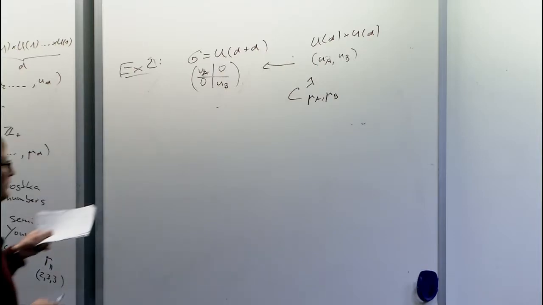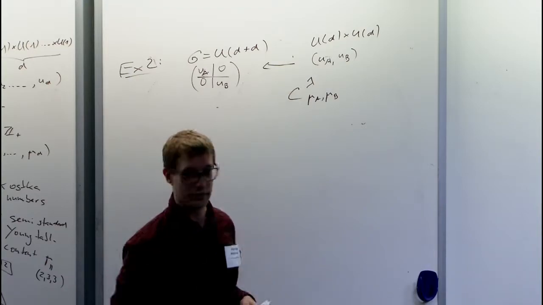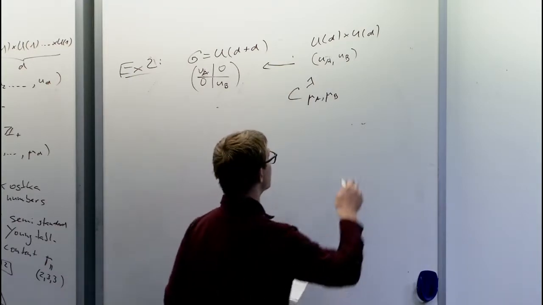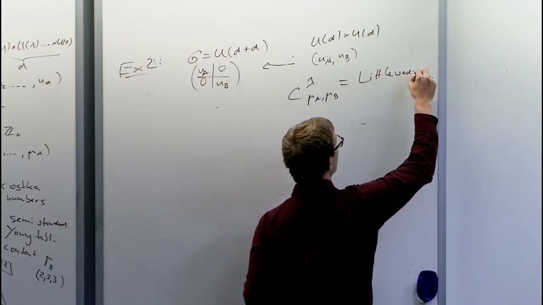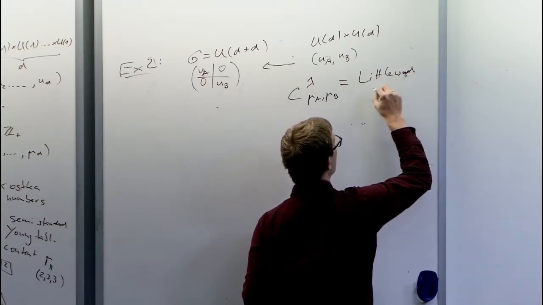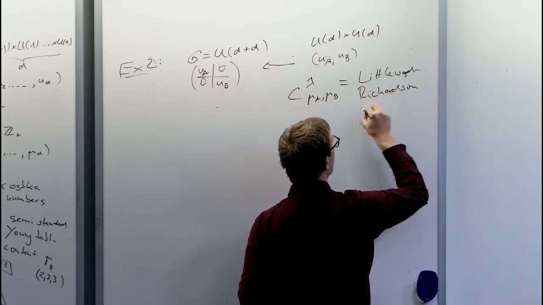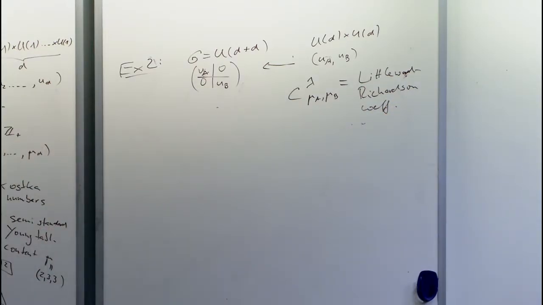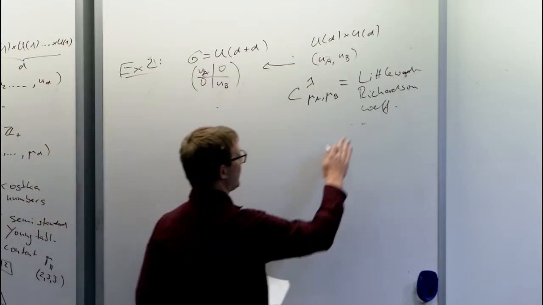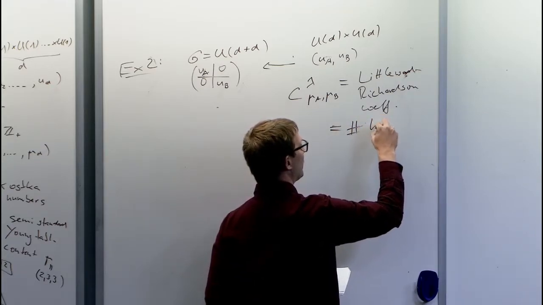It's nice actually to do this exercise and show that it's equivalent to maybe all the other definitions you've seen. And the Littlewood-Richardson coefficient can also be seen as a number of hives.